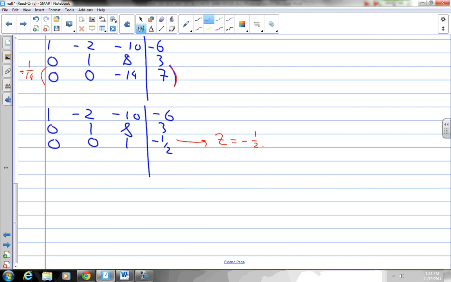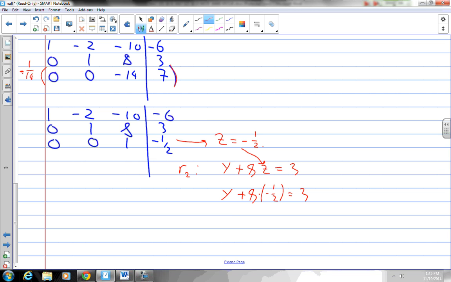Okay. Now, the second row is really this. It's y plus 8z equals 3. That's the second row. And z equals negative 1 half. I can substitute. It is y plus 8 times negative 1 half equals 3.